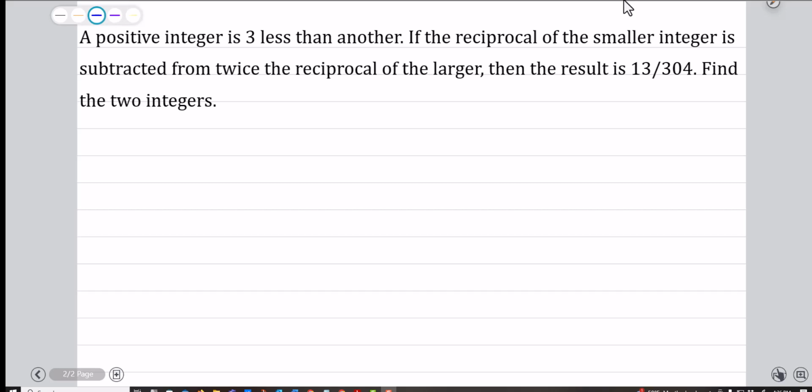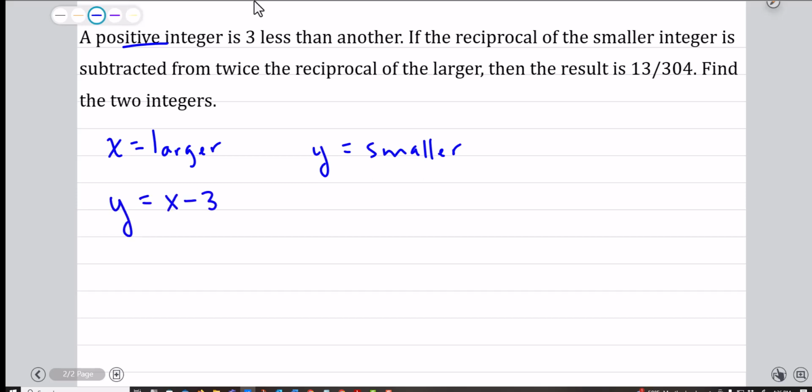So what I'm going to do is define first that x will be the larger number and y will be the smaller number. So this first sentence would be y equals x minus 3.